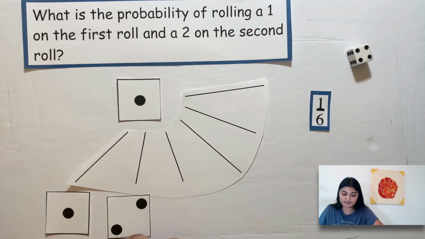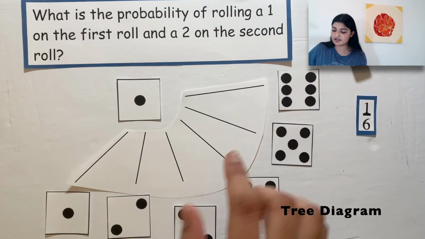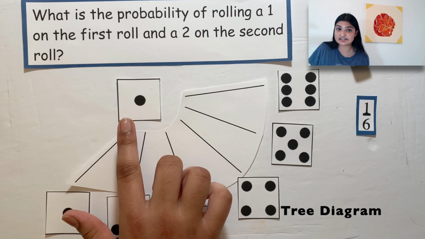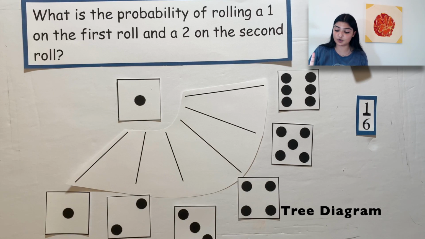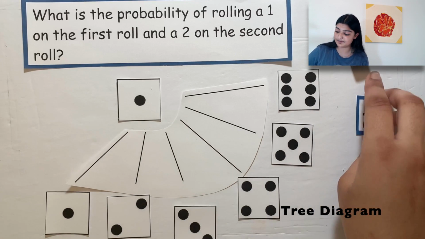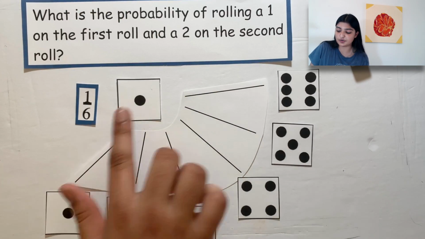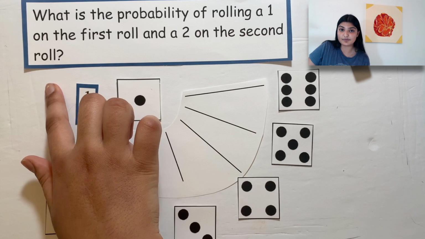I know that from this, there are 6 other possible outcomes that I could get. After rolling a 1 the first time, on my second roll, I could roll a 1, 2, 3, 4, 5, or 6. So, what's my probability of rolling a 2 on the second roll?